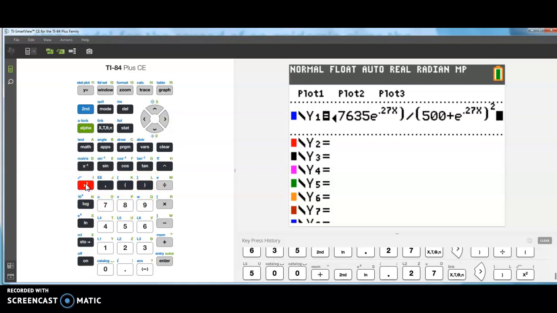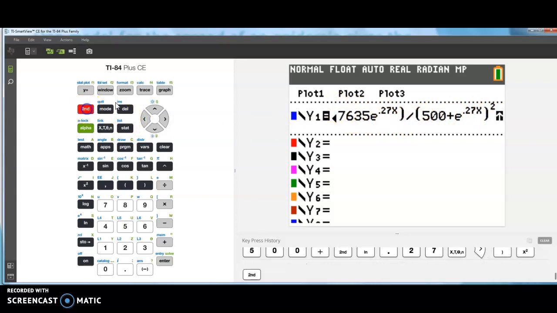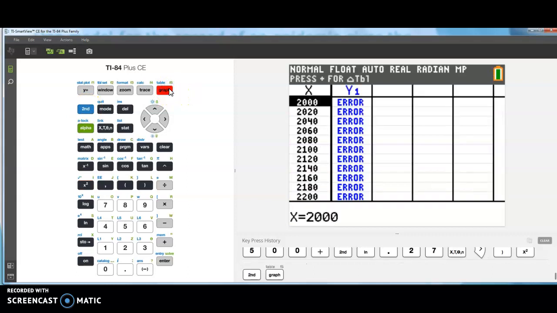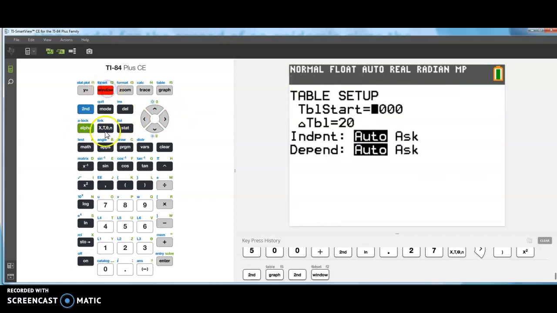All right, so as we said, we know that our x is to be up to 30 days, so that's going to go 0 to 30, but we don't really have a sense of our y values. So I'm going to go to my table, second table. This is not where I want to be in my table, so let me set up my table to start at day 0 and to go up by 1, so we can take a look at what the values will be.